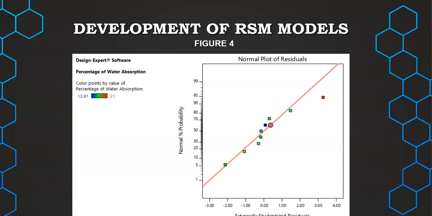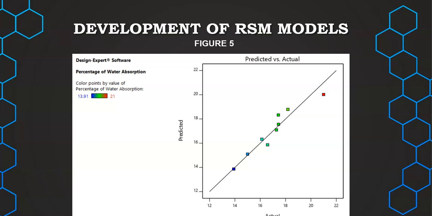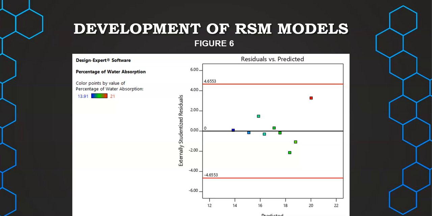The normal plot of residuals for water absorption shows that the majority of the residual data fall on the straight line, and most of the predicted responses are also aligned with the actual response straight line, indicating its accuracy in predicting the actual value. The relationship between residual and predicted response also shows that all data fall within the limits. So this indicates that the model is acceptable because of this high data accuracy.